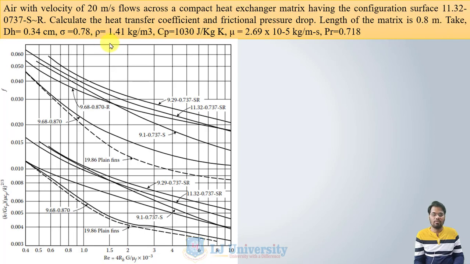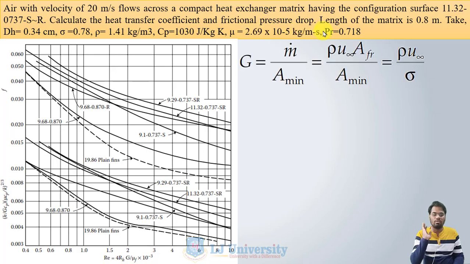Okay, take this, this is the data: the hydraulic diameter, sigma, which is the ratio of the minimum area to the frontal area. This is the density, specific heat, viscosity and the Prandtl number. So our first step is to find the Reynolds number, and for the Reynolds number we require the value of G. For G we have this equation.